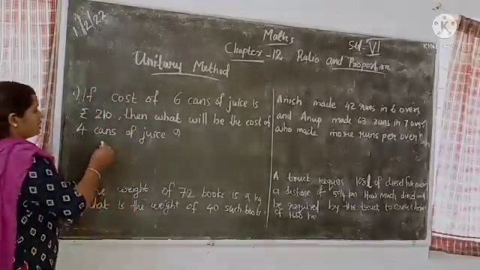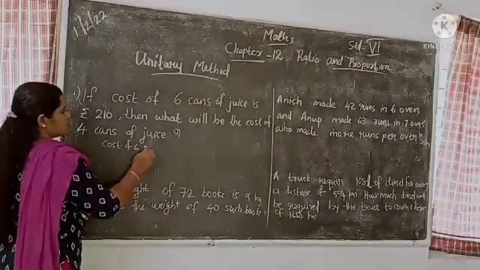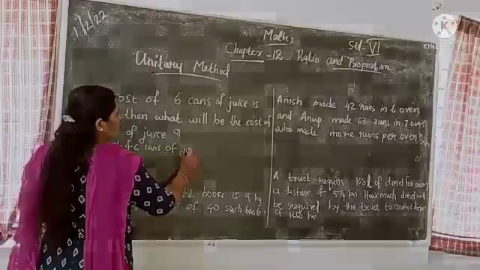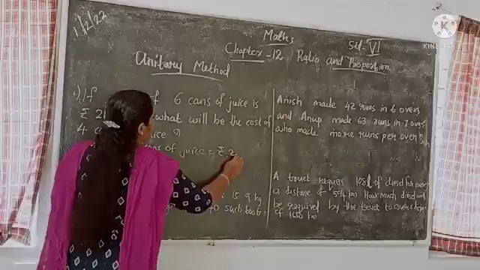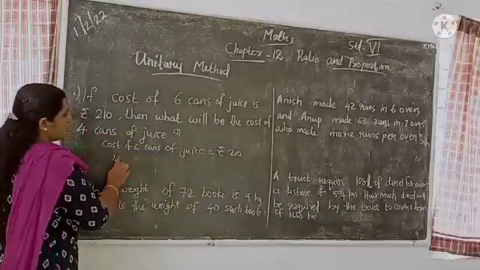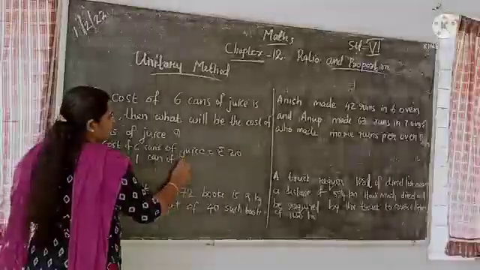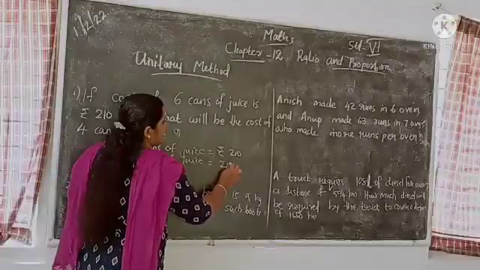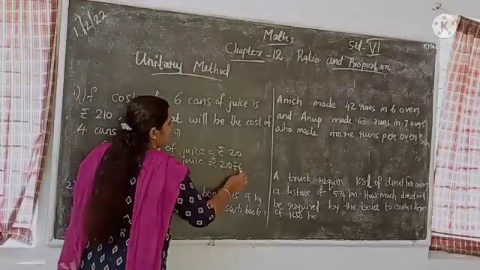First, cost of 6 cans of juice is equal to rupees 210. Then the cost of 1 can of juice is equal to rupees 210 divided by 6.